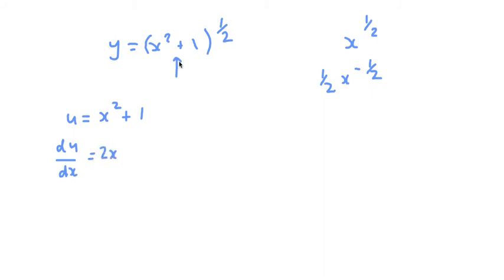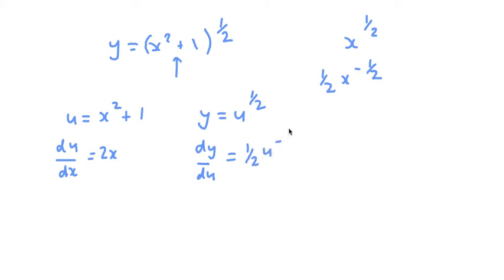Now we've called the x squared plus 1 u, we can change it to y equals u to the half. That's similar to what I said about the x to the half, the bigger Russian doll. We differentiate that, which is what you did, so dy by du is half u to the minus half.